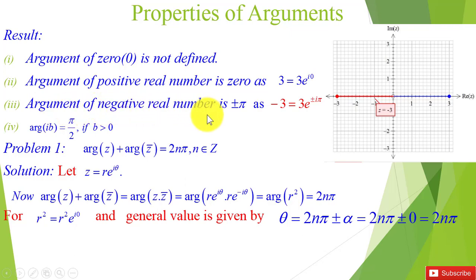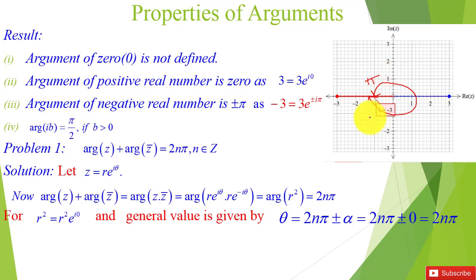Similarly, argument of negative real number is plus minus pi, as minus 3 is equal to 3 into e raised to the power plus minus i pi. Here the red line represents minus 3. So it makes either angle pi or minus pi.